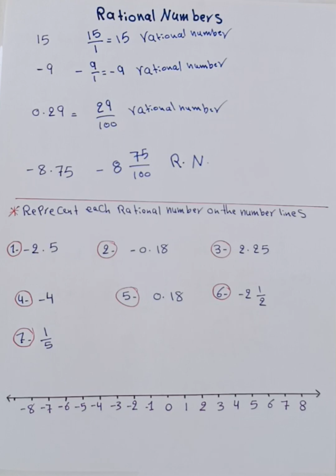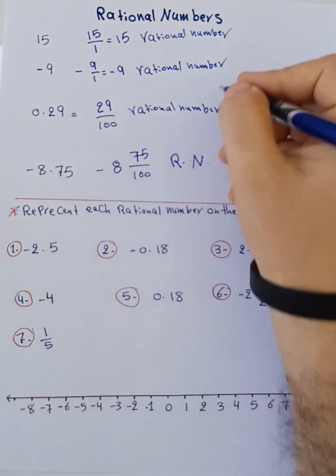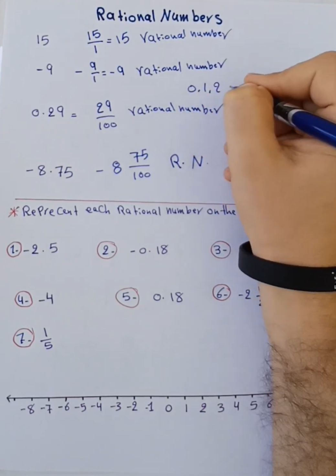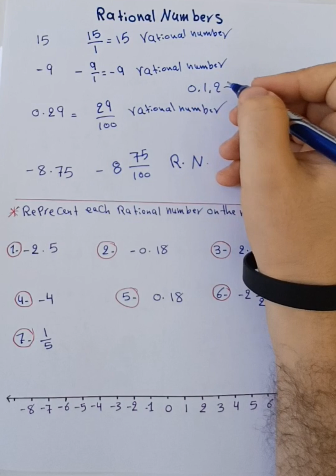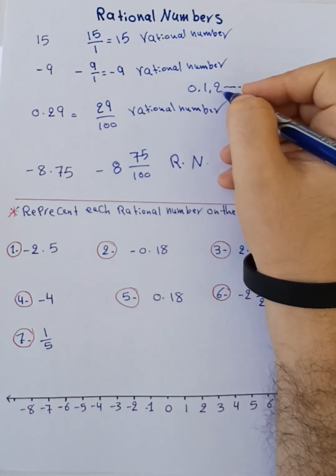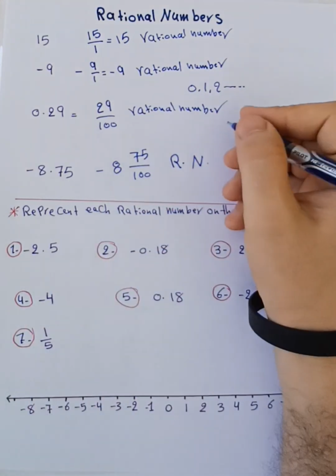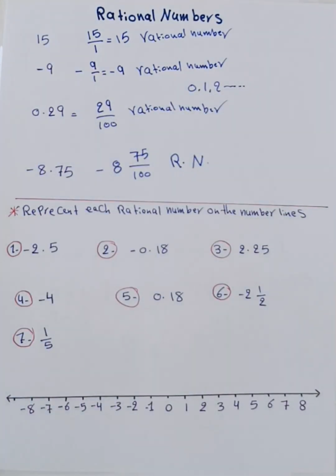It means all whole numbers like 0, 1, 2 are rational numbers, and all integer numbers, negative integers, 0 and positive integers, are rational numbers.